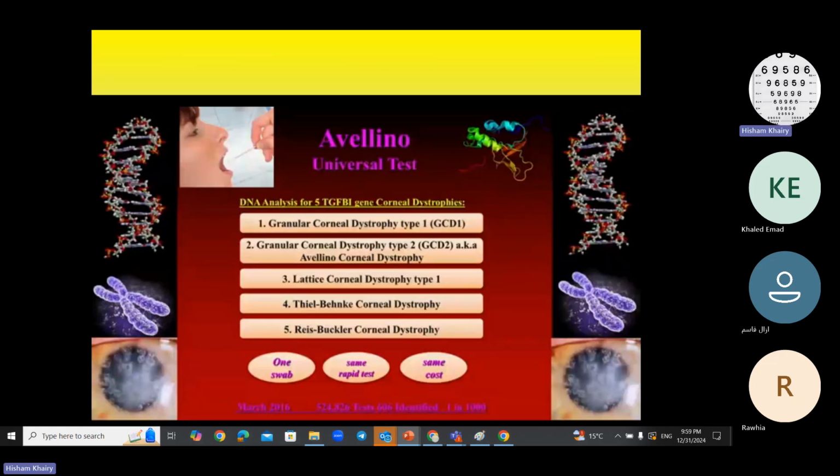There was even a company proposition that before LASIK, if the patient has any corneal opacity, to do a test in which DNA is analyzed for the transforming growth factor beta 1 gene, which can diagnose 5 corneal dystrophies: granular corneal dystrophy type 1, granular corneal dystrophy type 2, lattice corneal dystrophy type 1, Thiel-Behnke corneal dystrophy, and Reis-Bucklers corneal dystrophy, which are all associated with TGF beta 1, using a swab from the inside of the mouth.